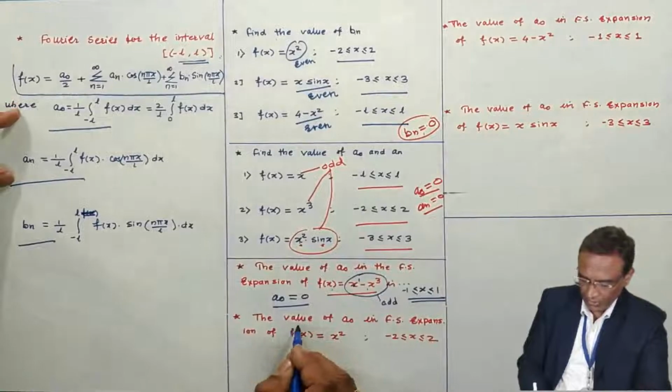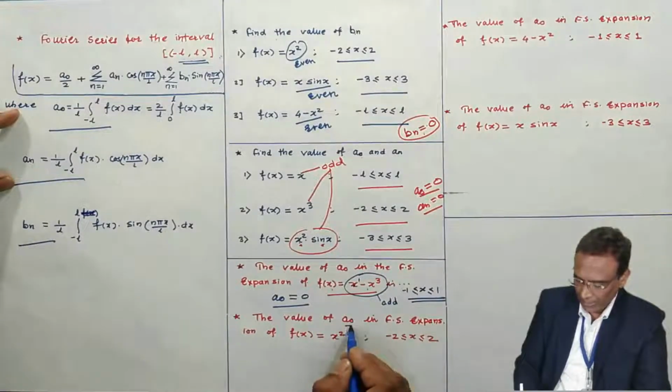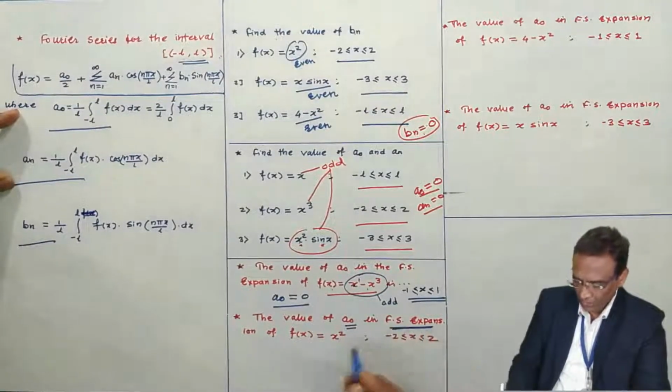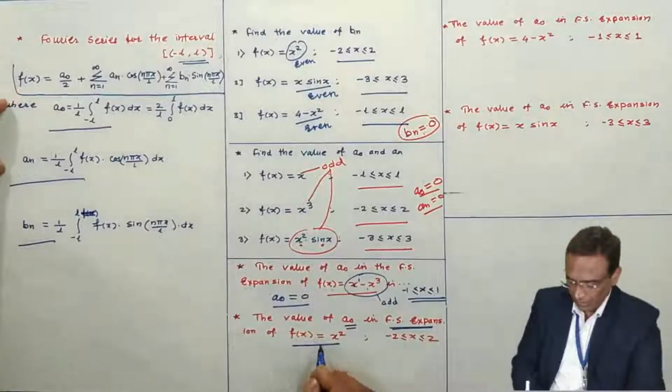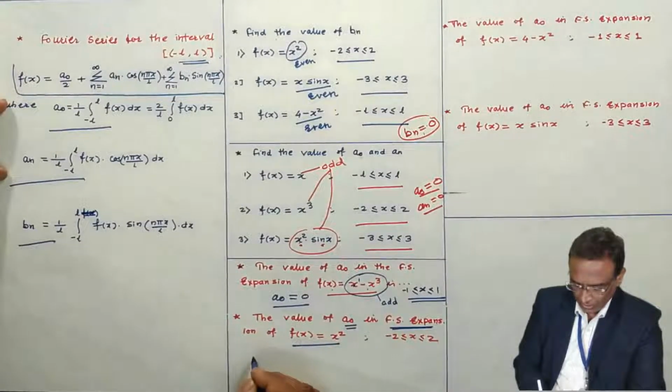Now, very quickly, the value of a0 in the Fourier series expansion of f(x). This is an even function. See, what is the formula for a0?